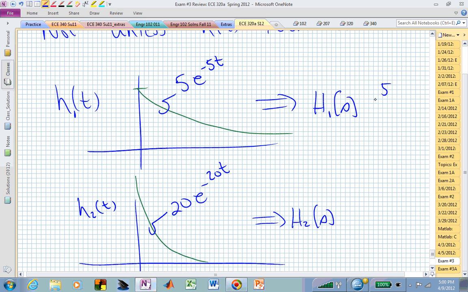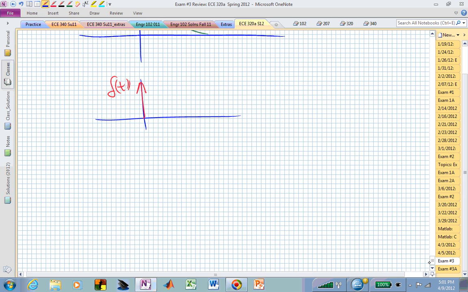This is now 5 over s plus 5, and this is 20 over s plus 20. What are the DC gains of those? 1 and 1. And what do they look like in terms of frequency response? If I now said, what does H1 of j omega look like?